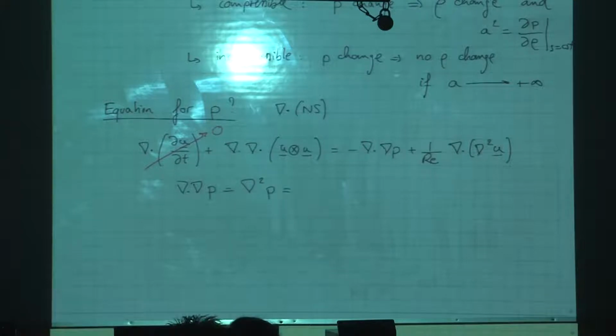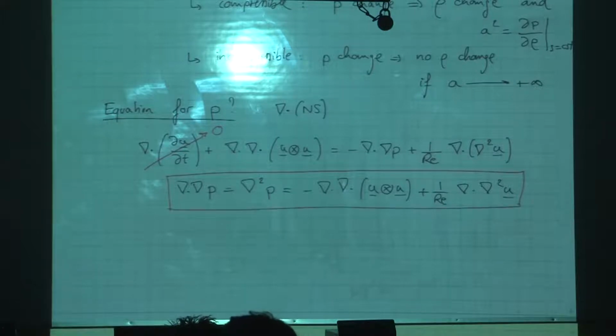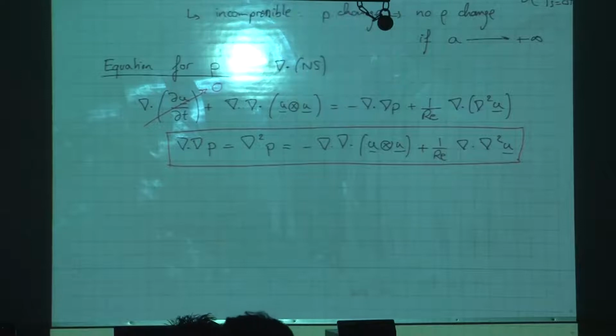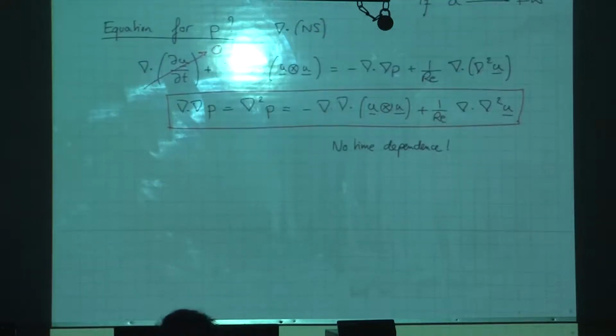So what we get from that is an interesting equation that tells us that the Laplacian of P is equal to minus divergence of u dyadic u. Because it has no time dependence, it means that the pressure inherently in an incompressible flow has to adjust infinitely fast to any change of the velocity field.